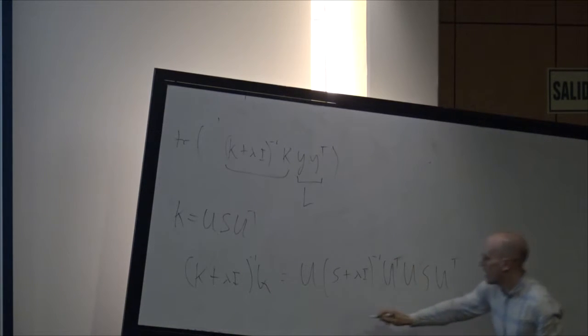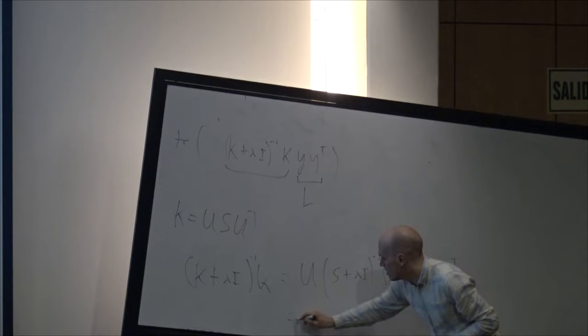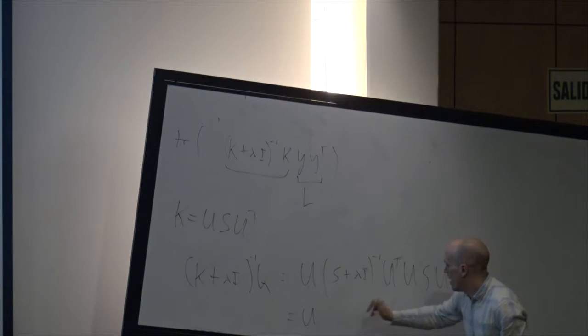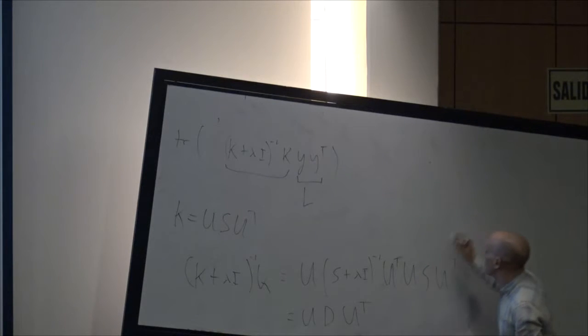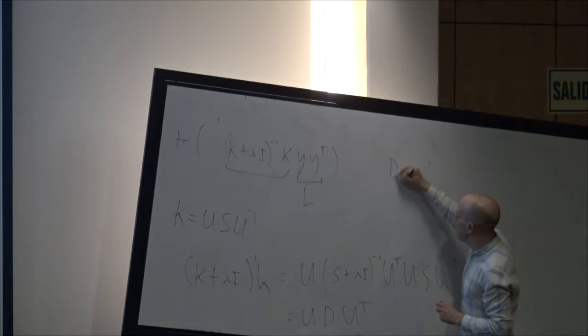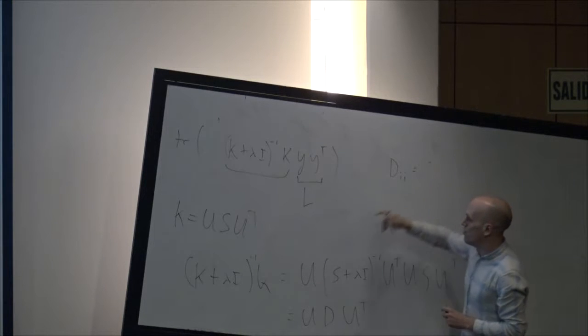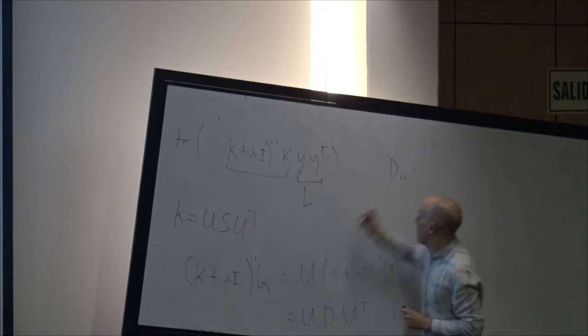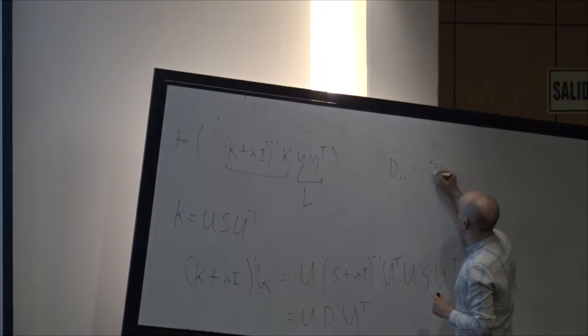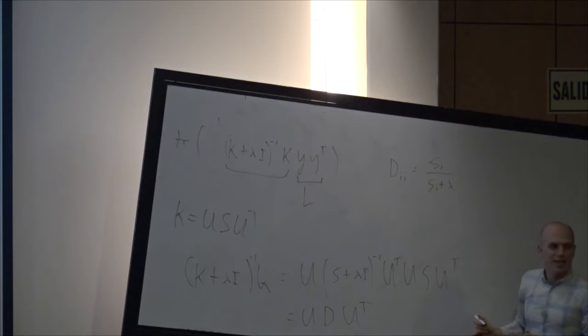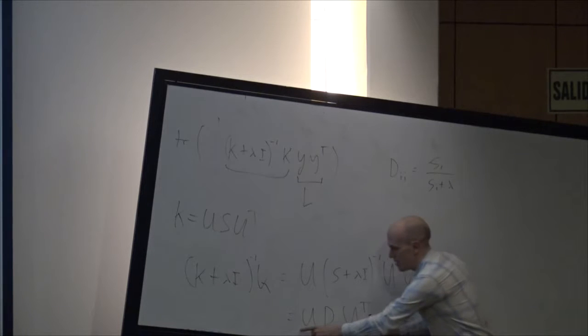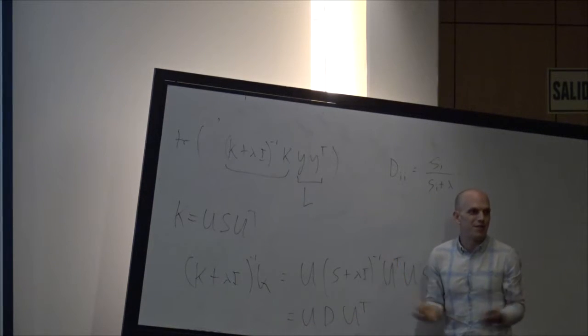These are orthogonal, so they cancel. And so what I've got is U, then a diagonal matrix, U transpose. What does this diagonal matrix have? D_ii is equal to the ith entry of S, S_i, divided by S_i plus lambda. So these diagonal entries are non-negative. So this matrix here is positive definite, so it's a kernel.